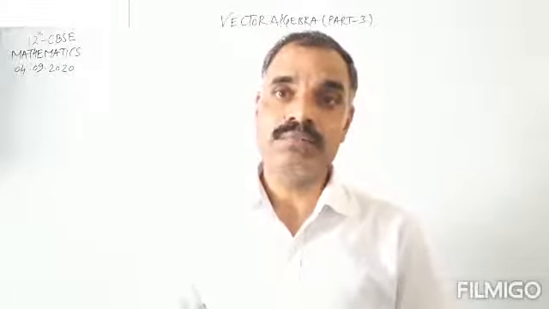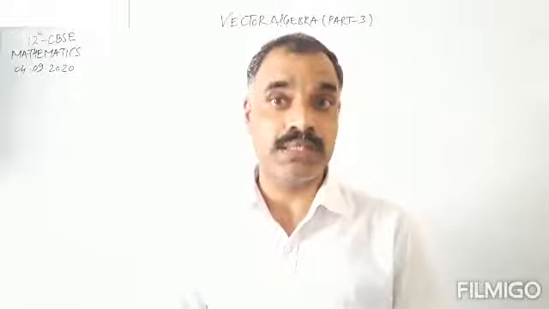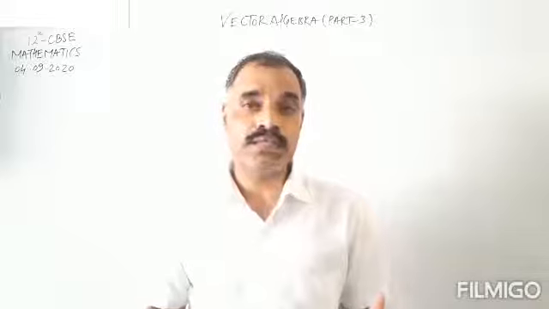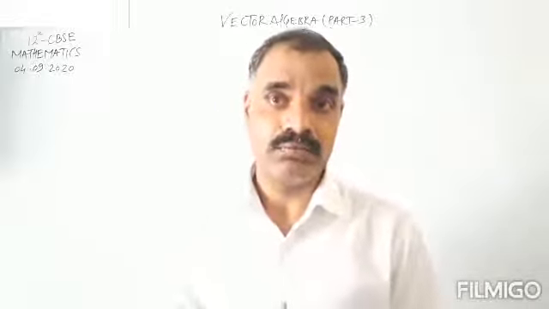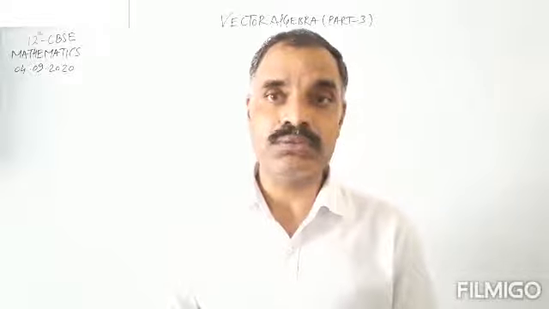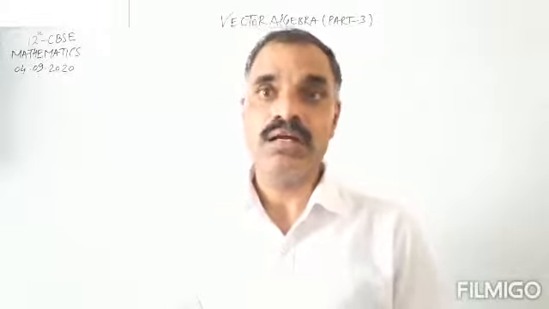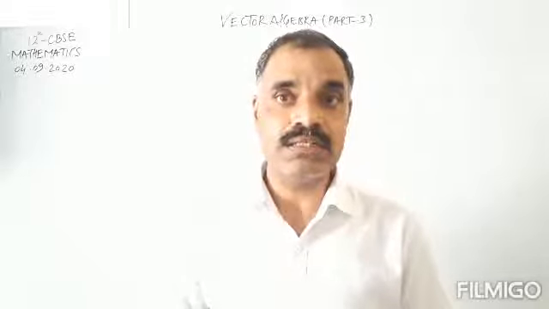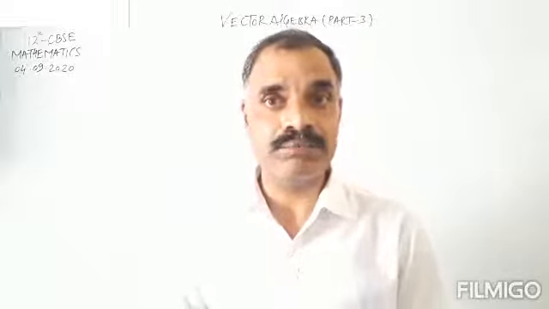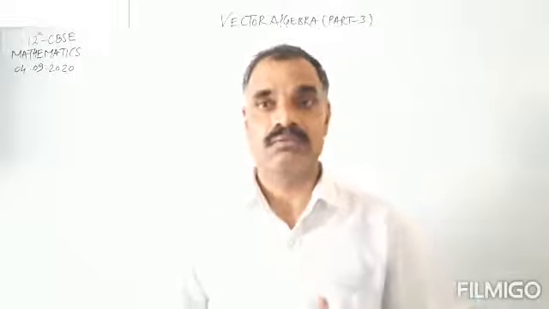If A vector and B vector are any two sides taken in the same direction or in the same order, then their sum, that is A vector plus B vector, is represented by the third side taken in reverse order.